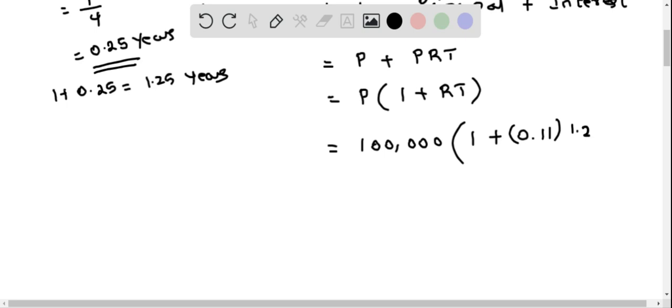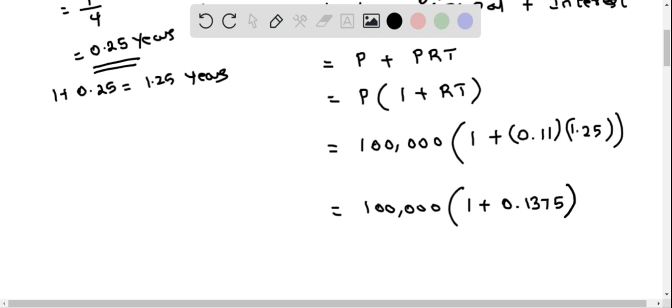Let's plug in 1.25 for term, and then we calculate this. So this equals 100,000 multiplied with 1 plus 0.11 times 1.25, and this equals 0.1375. We multiply this using calculator, and then this gives 100,000 times 1 plus 0.1375 is 1.1375.